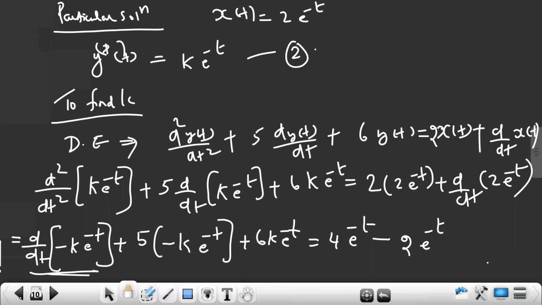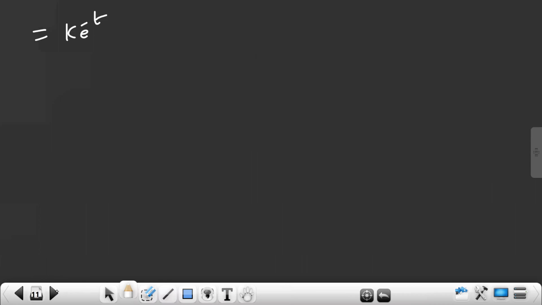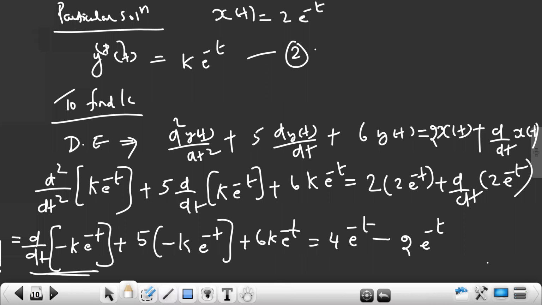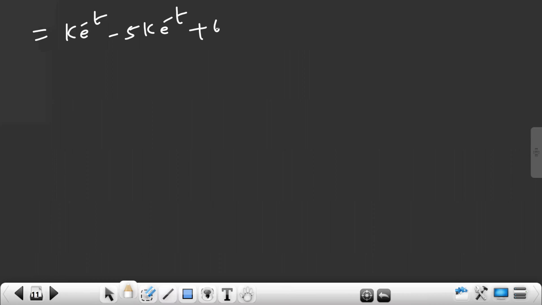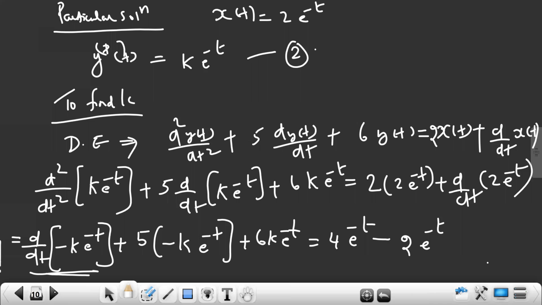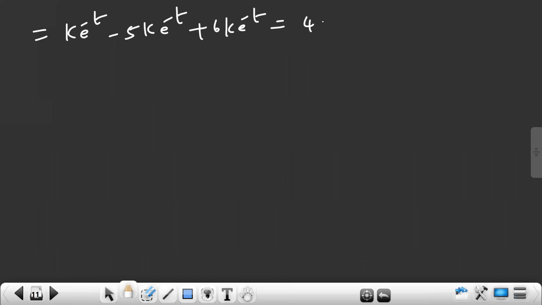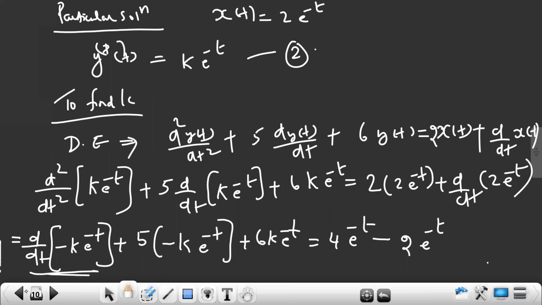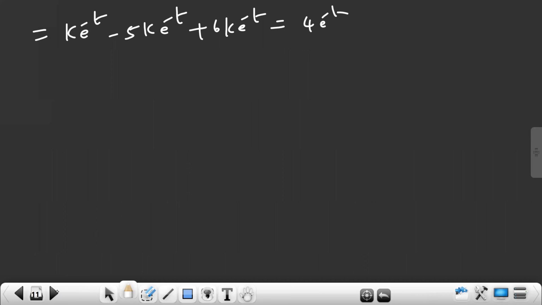And second term is minus 5k e to the power minus t plus 6k e to the power minus t. Check me if any error, let me know. Equal to 4 e to the power minus t minus 2 e to the power minus t.